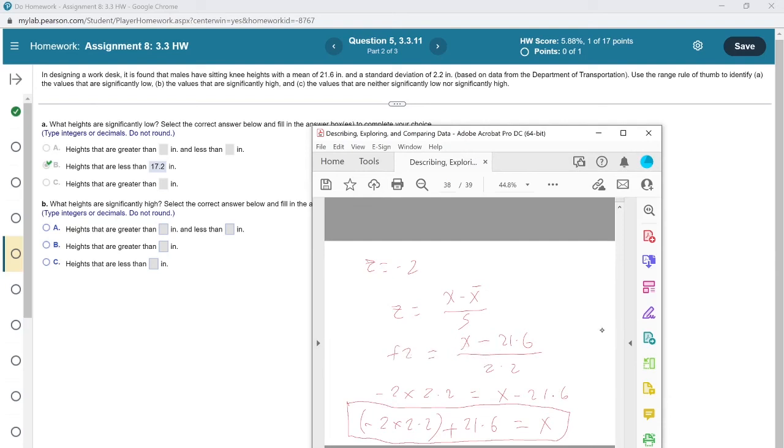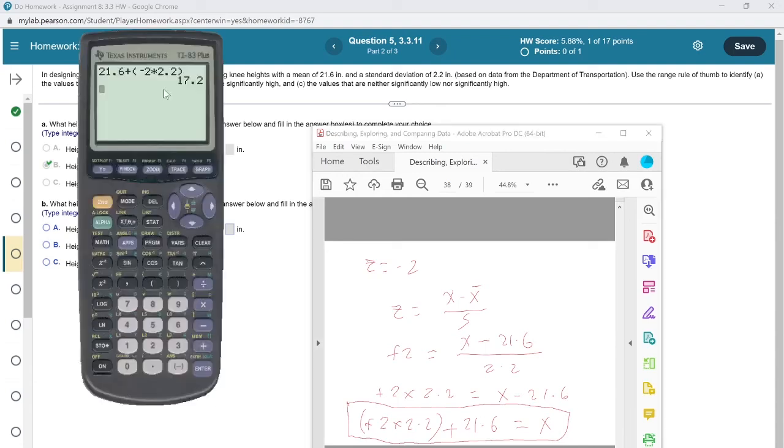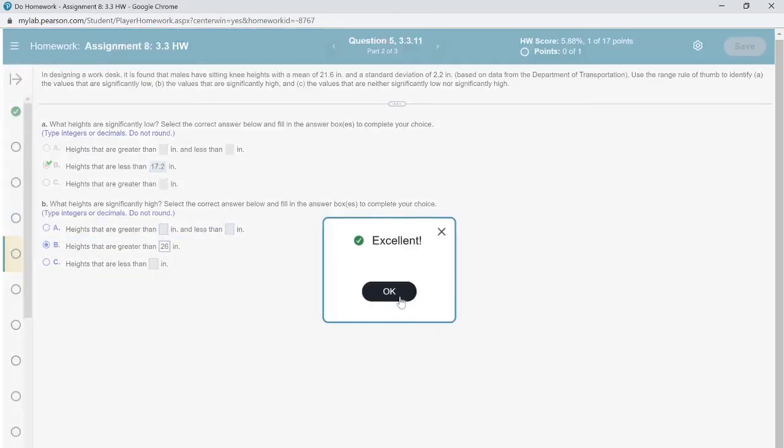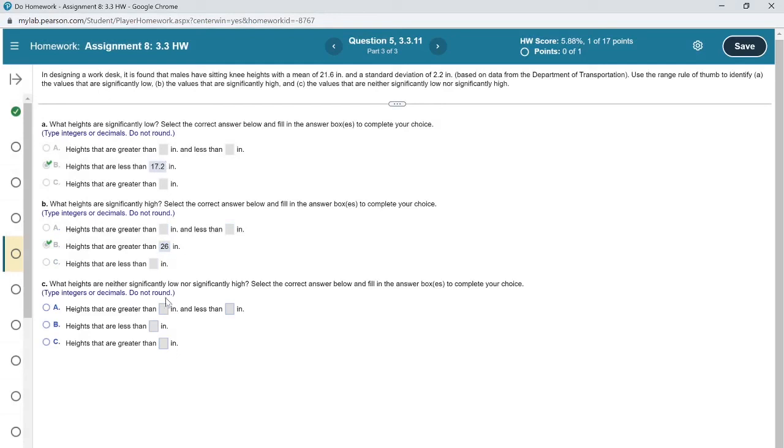I'm going to calculate the very same thing using the calculator: 21.6 plus, inside the parentheses, +2 times 2.2. So anything greater than 26 is called significantly high. And in between these two, that's called neither significantly low nor significantly high.